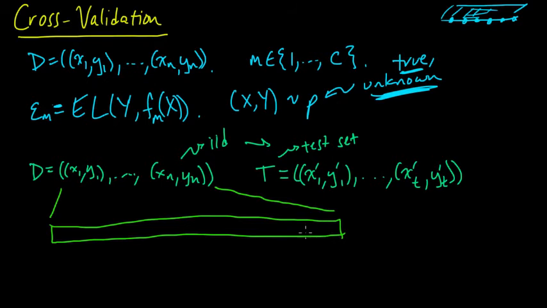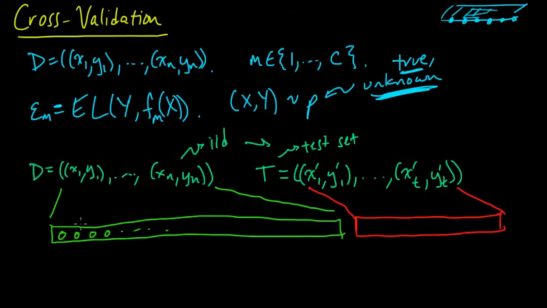Let's just visualize this as a block: this would be the first point, x1, y1, x2, y2, x3, y3, and so on. And let's mimic the test set thing.